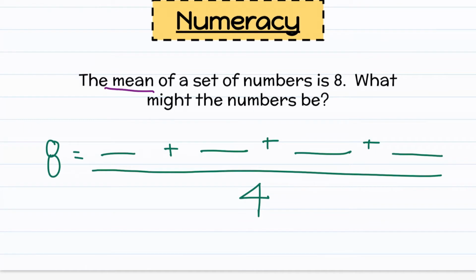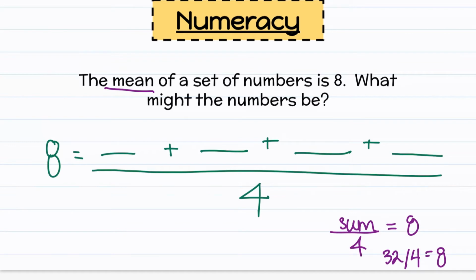Welcome back. I'm so excited to see all of your solutions. My solution, I decided to have 4 numbers in my data set, which means that the sum of my data values divided by 4 would have to equal 8, which means that my data set sum would need to be 32, so 32 divided by 4 was 8.